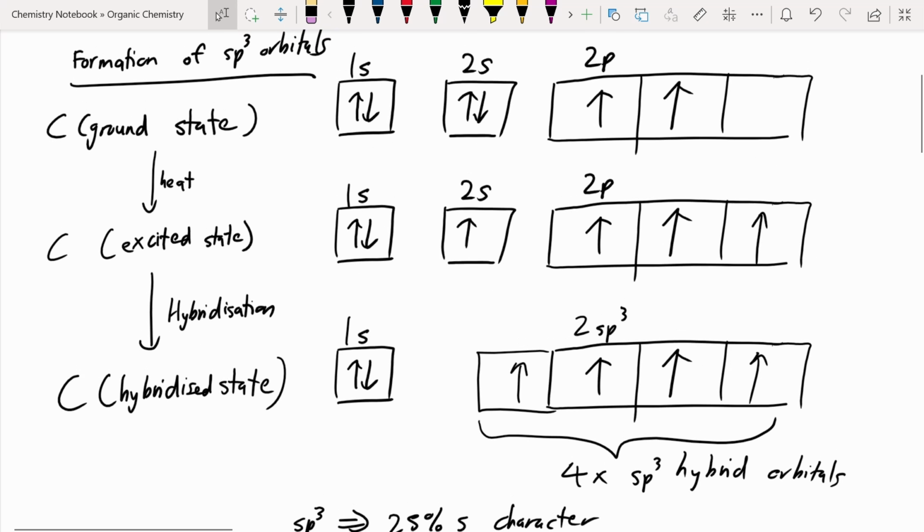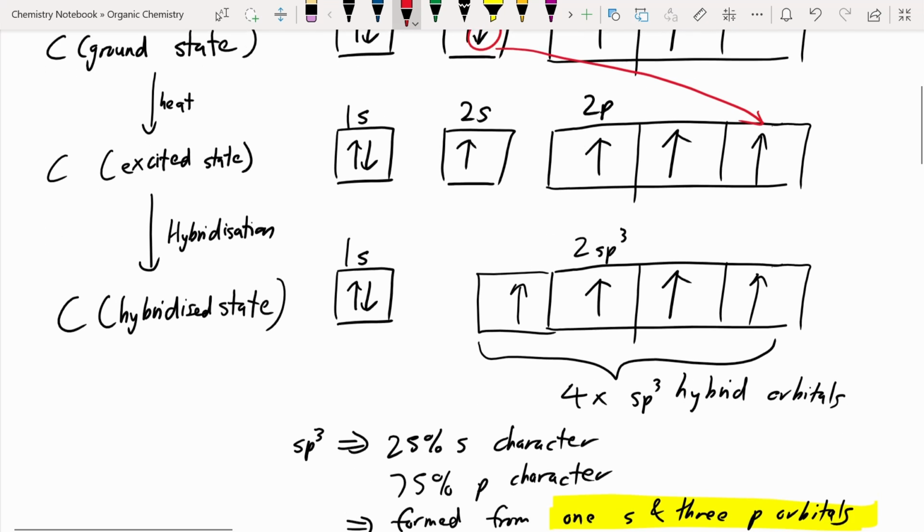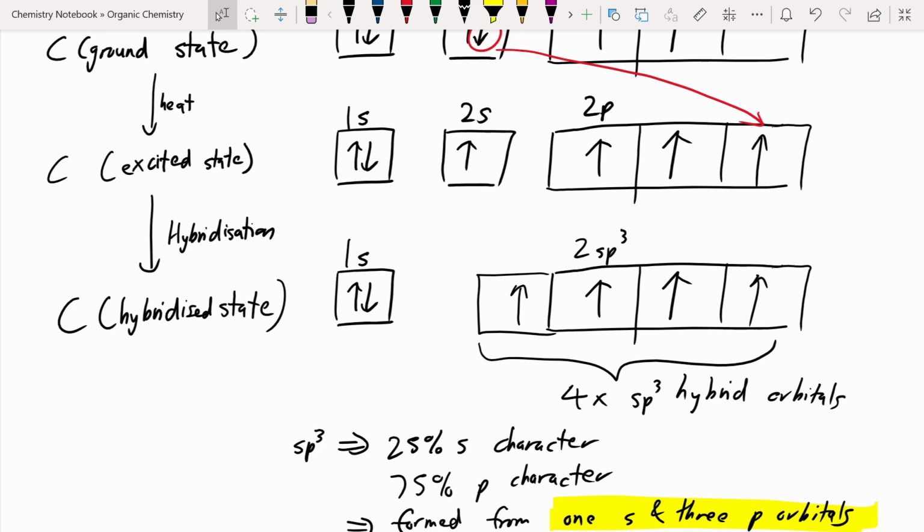For sp3 orbitals, firstly, there's the ground state electronic configuration of carbon. If you heat it up, the electrons in the 2s orbital will absorb energy and excite to the next level, which is the 2pz orbital, and then it will be able to hybridize.